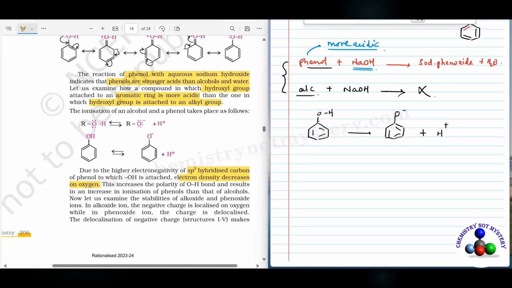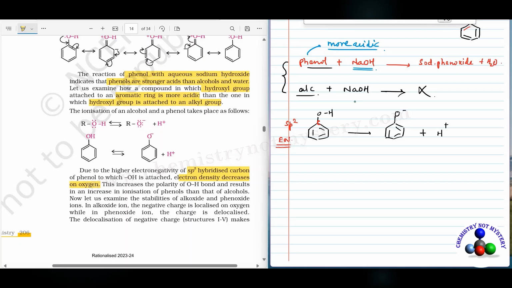The carbon to which oxygen is bonded, we have already discussed the hybridization is sp2, and this sp2 hybridized carbon is more electronegative, means it will withdraw electron density from oxygen. So when it withdraws electron density from oxygen, ultimately oxygen will withdraw electron density from hydrogen.